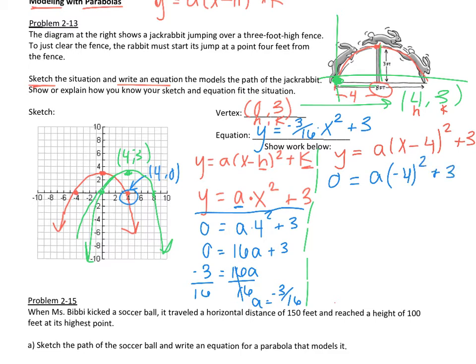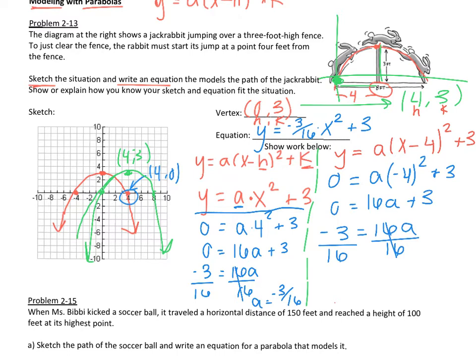And then we've got 0 equals negative 4 squared is positive 16, a plus 3. We subtract 3 from both sides, so this is going to start looking familiar. And as I continue solving for a, I end up getting the same value for a, and that should make sense because it's the exact same parabola. It's just been shifted over 4 to form this one.